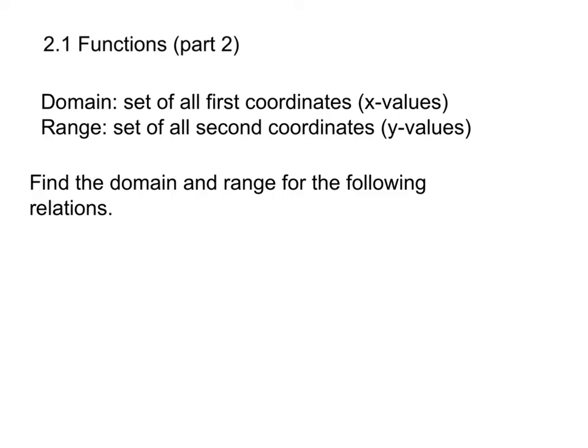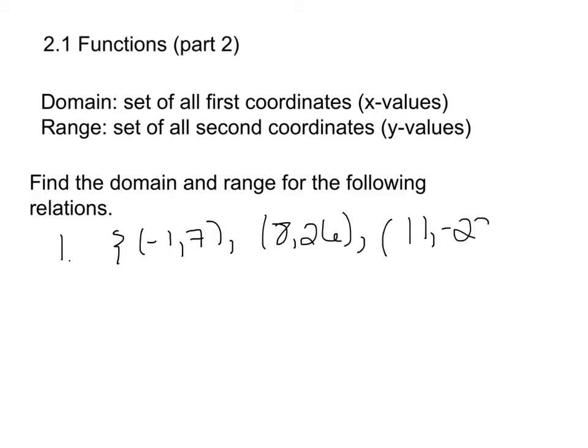And again, as we look at these, I want you to think about if they are in fact functions. So here's the first one. It's the set of ordered pairs, (-1, 7), (8, 26), and (11, -23).